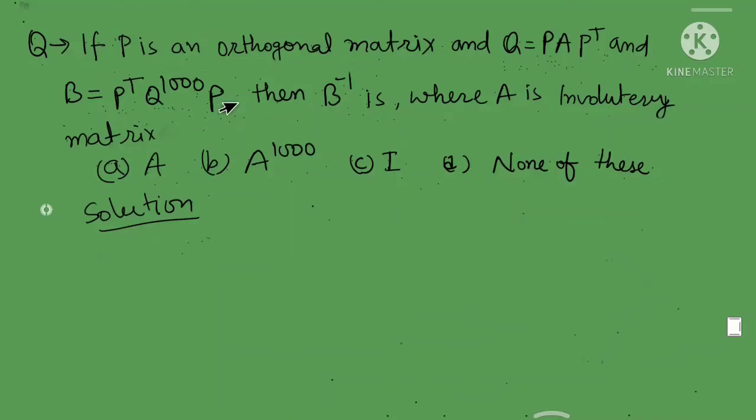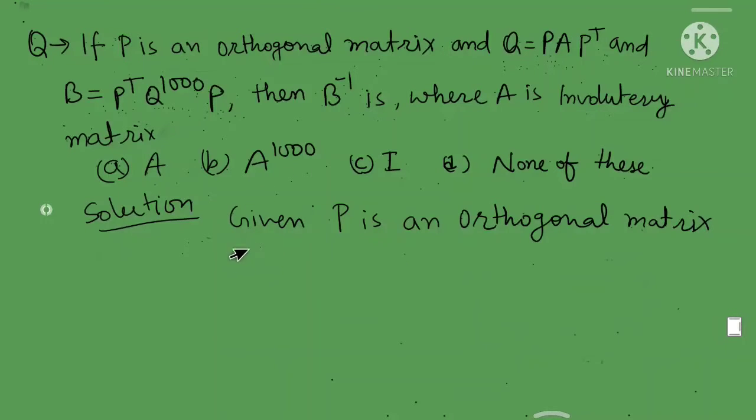First of all, it is given that P is an orthogonal matrix. So we can write P transpose P equals the identity matrix.